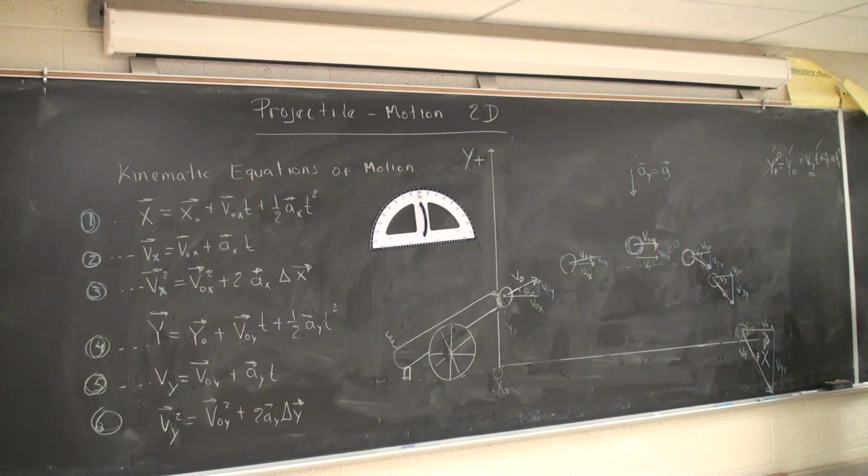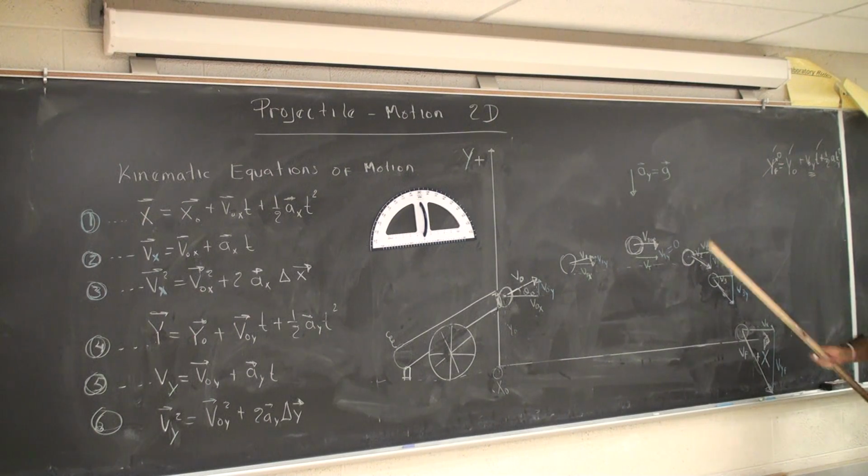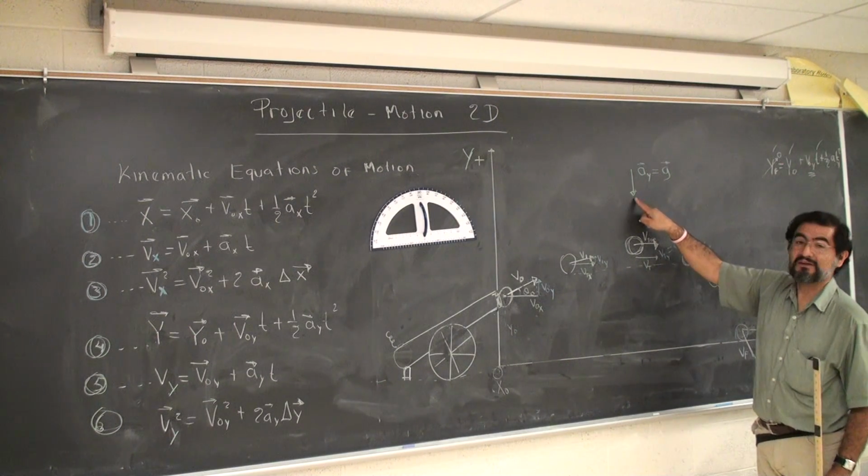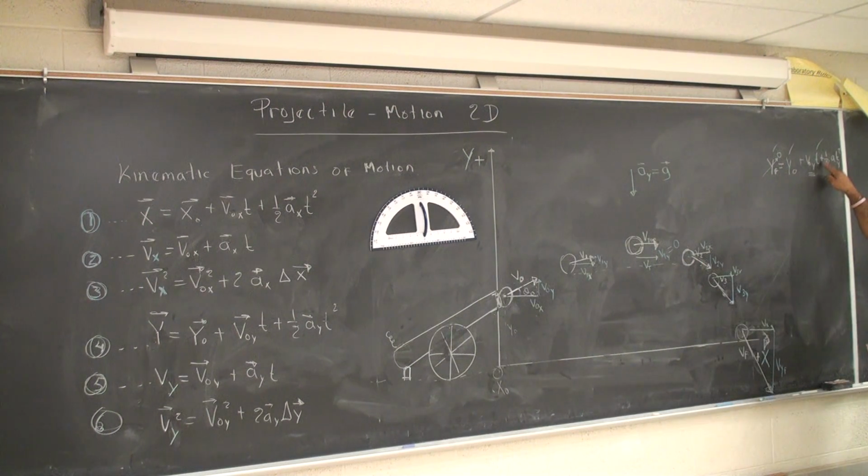Acceleration in y, we know that the acceleration in y is the gravity. Also, pay attention here, it's pointing in that direction, so it's going to give me a negative value, because this is going to be gravity. So basically, from that, I can also find the velocity initial in y.